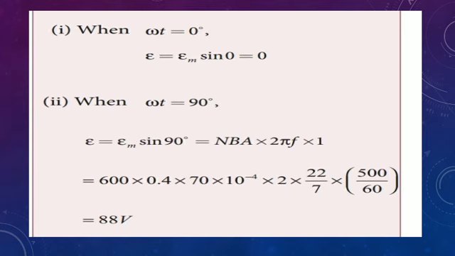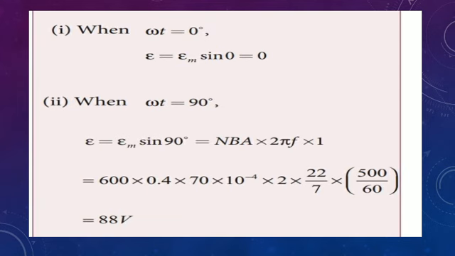Now for the first condition, when the coil is perpendicular to the magnetic field. In the question, when the plane of the coil is perpendicular to the magnetic field, what is the induced EMF, that is the instantaneous EMF? When the coil is perpendicular, what is the angle? Coil is perpendicular, that is 0 degree.